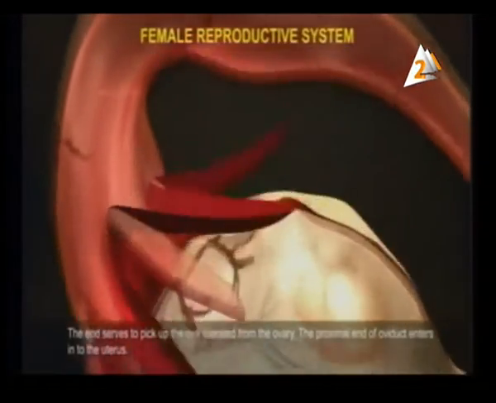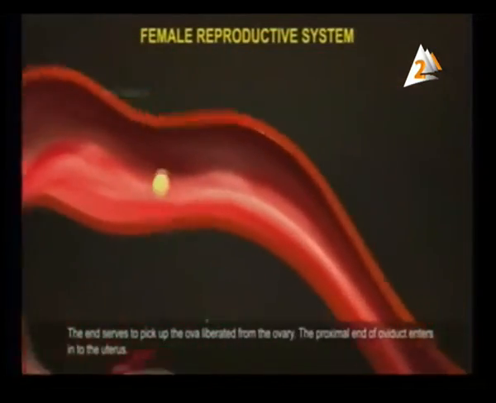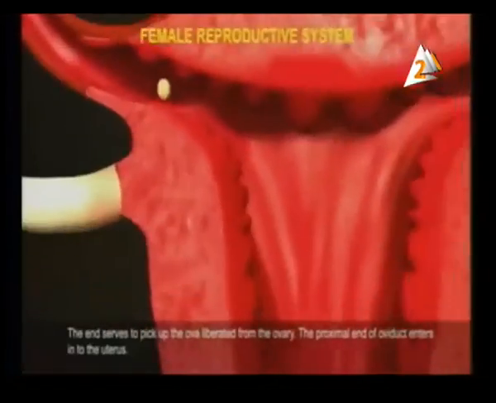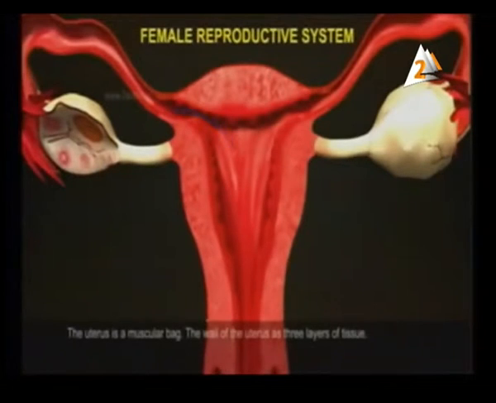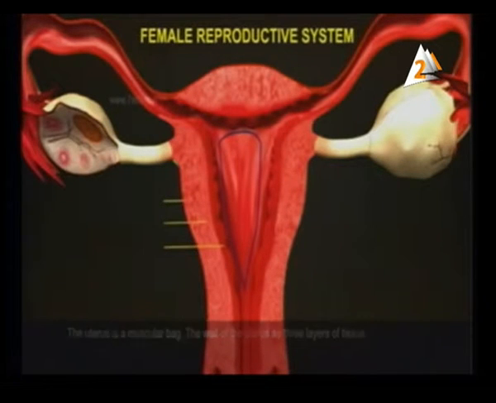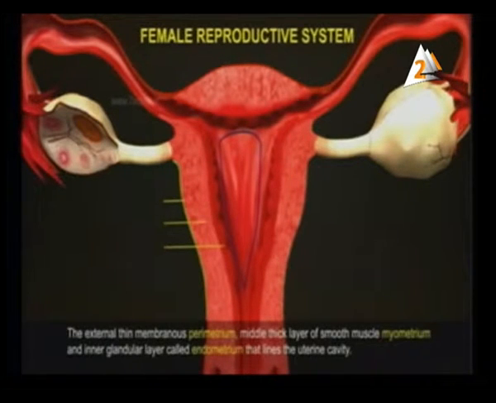But after the maturity period, these thousands of ova are reduced to only 400, which mature during the 30 years of active reproductive life.